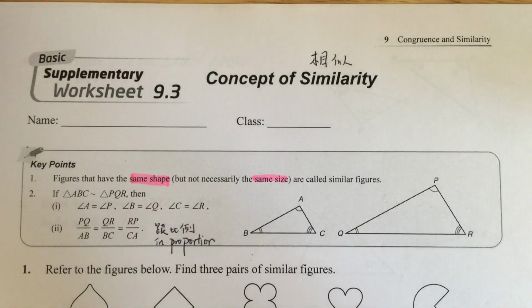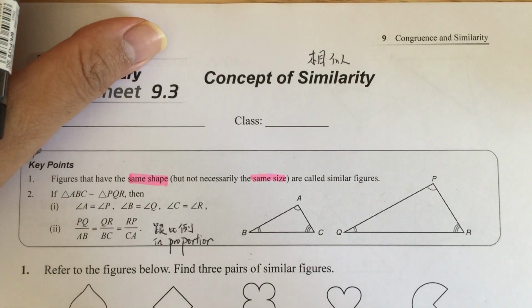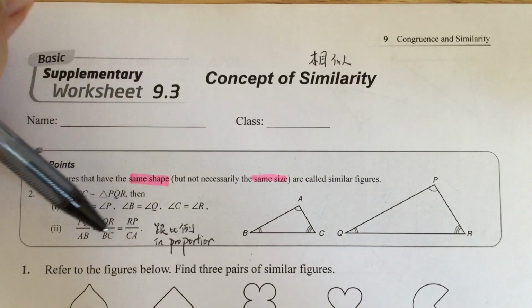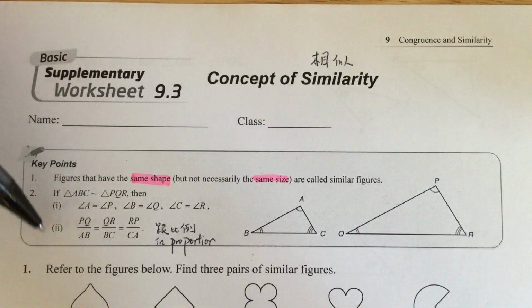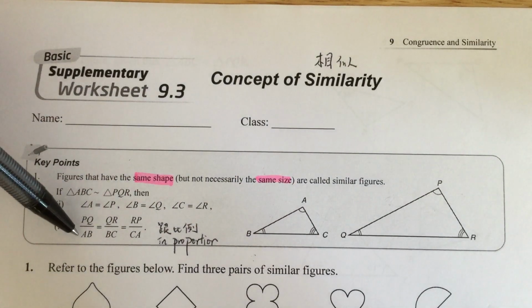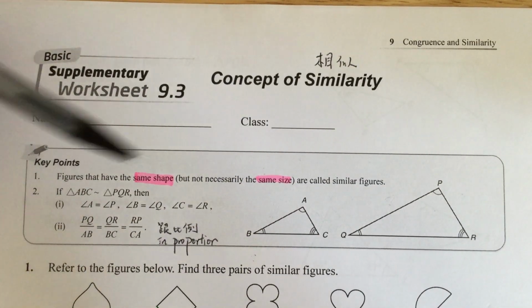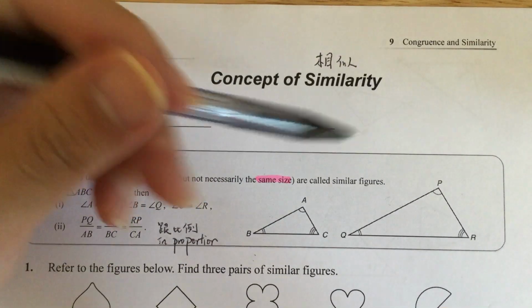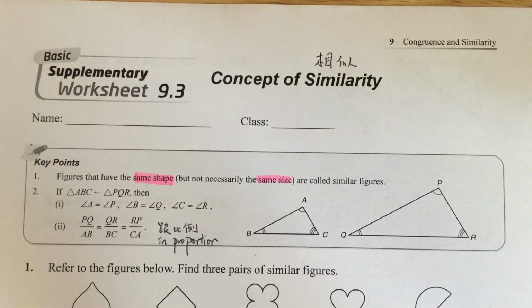So they are in proportion for similarity. Make sure you know this is a little different from what you learned in congruence. For congruence, they are the same, but this time we are only in proportion. That means we find the comparison between the lengths of the lines.